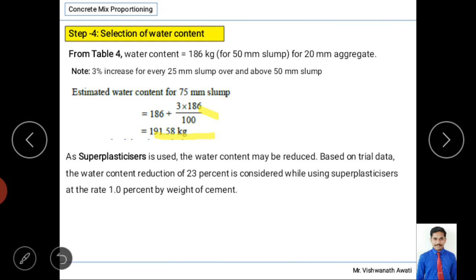Next, a superplasticizer is used. We know the characteristics of superplasticizers: they are water reducers. In the given data, they told us we are using normal superplasticizers, and the water content may be reduced based on trial data.